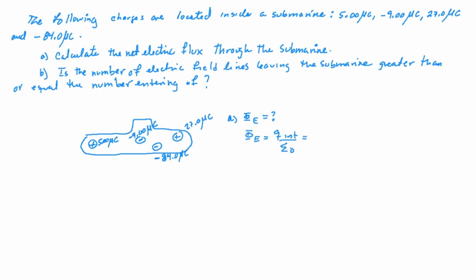Now remember that 1 microcoulomb is the same as 1 times 10 to the negative 6 coulombs. We always have to work with coulombs. We cannot work with micro, with nano, with milli. We have to work with coulombs.